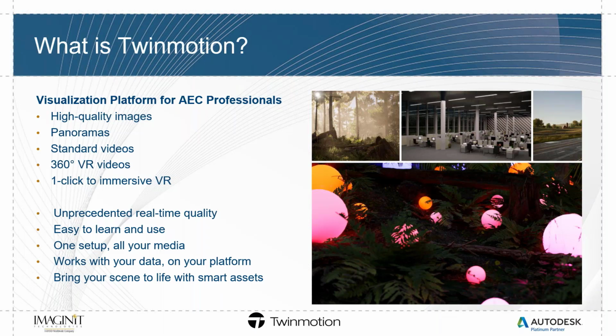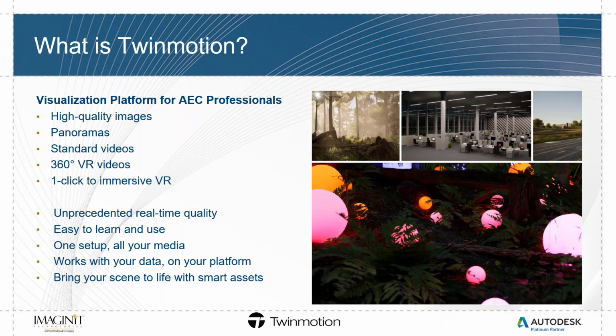So some of the ways I have listed here, we can output high quality still images. We can output 360-degree panoramas, so static when you're in one place to look around. Standard video output. 360-degree virtual reality videos, so like a 360-degree panorama, but instead of being static, you can actually move through that video and look around.